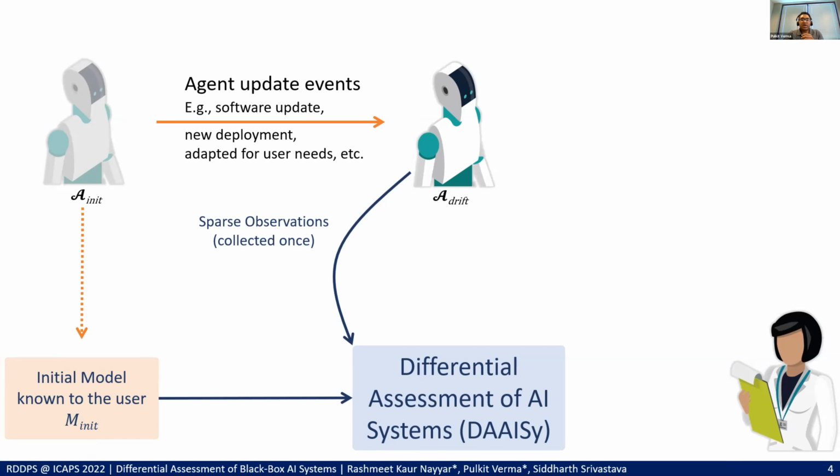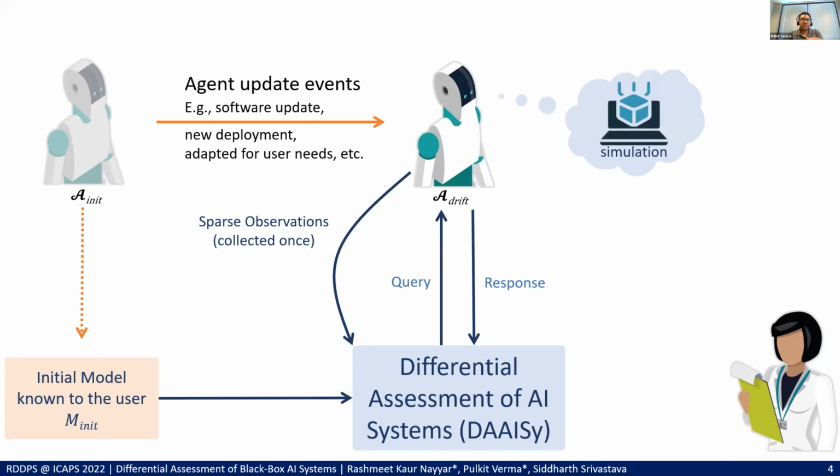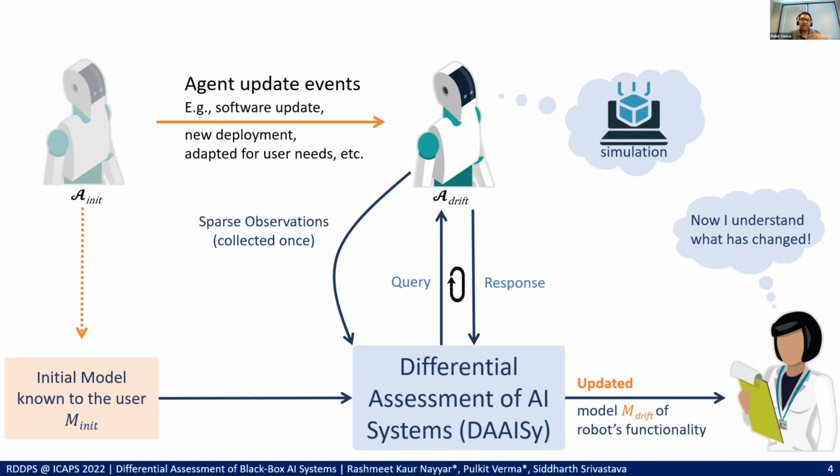Now to know how exactly the predicted portions of the model have changed, DAISY poses queries to the agent, and the agent responds to these queries using its updated internal working. It can even use a simulator to do so. This query-response cycle is repeated until DAISY learns the correct forms of the parts of the model that it predicted to have changed. This updated model is then sent to the user, who gets an understanding of how the robot's model has changed.